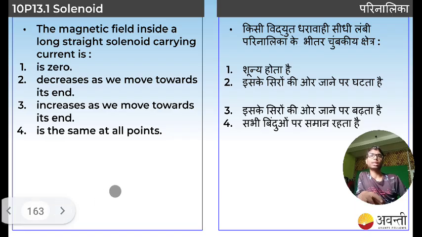The magnetic field inside a long straight solenoid carrying current is zero, decreases as we move towards its end, increases as we move towards its end, or is the same at all points.